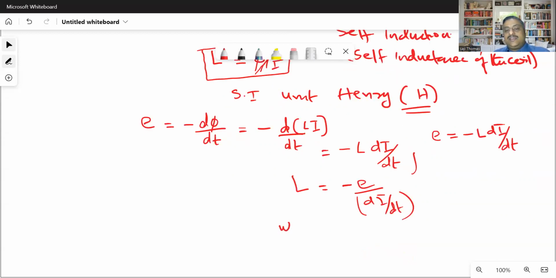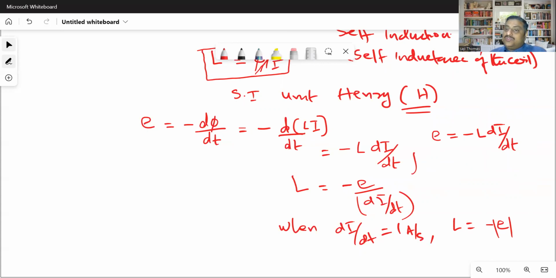See, in this equation, when di by dt equals 1 ampere per second, then L will be numerically equal to E. So this is another definition of self-inductance: the induced EMF in a coil when current through it changes at the rate of 1 ampere per second.